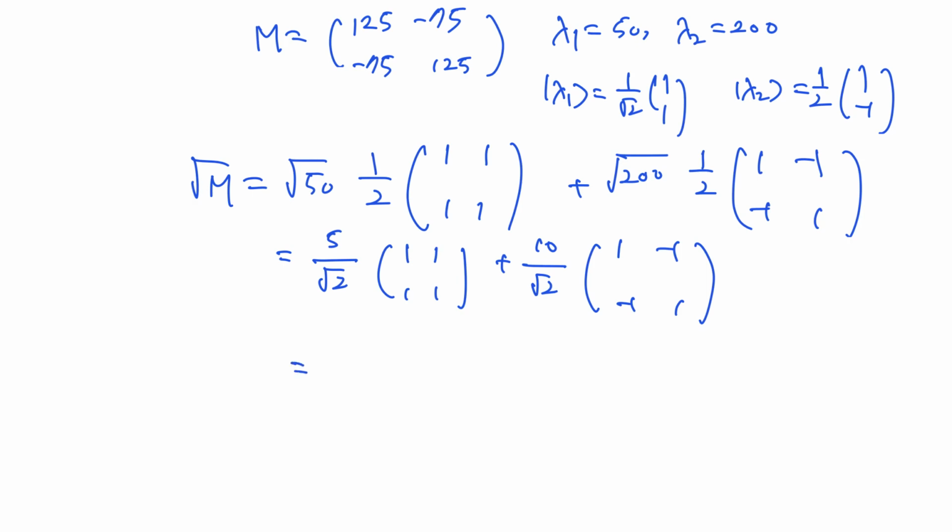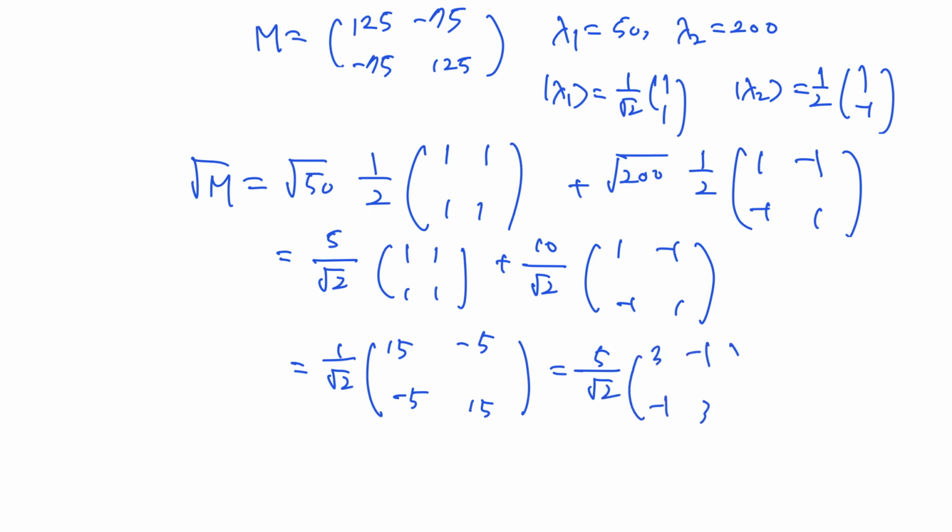So square root of 2 times (15, 15, minus 5, minus 5), or maybe 5 over square root of 2 times (3, minus 1, minus 1, 3).